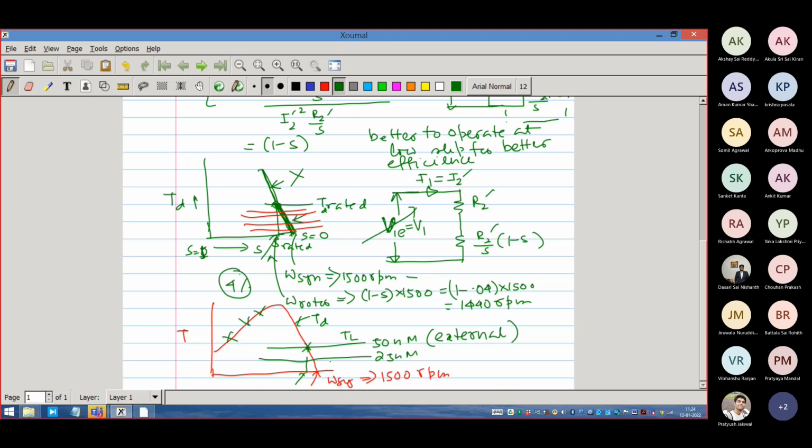Assuming this line is more or less linear, a straight line, it will be dropping by 2%. 2% means it will be dropping by 30 rpm. So for this 25, the speed will be 1470 rpm, whereas this speed was 1440 rpm. This is the rotor speed, omega rotor, the mechanical speed. Clear? So this is what is happening.